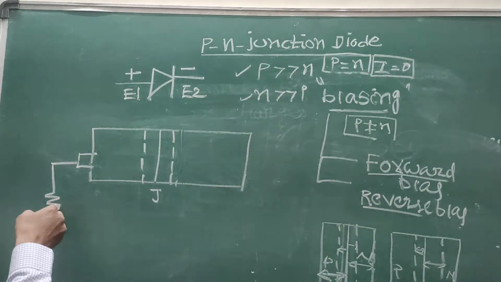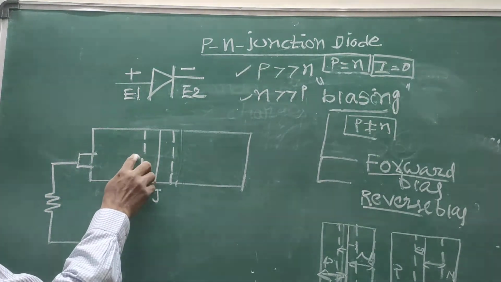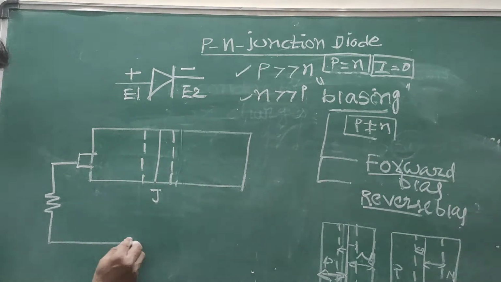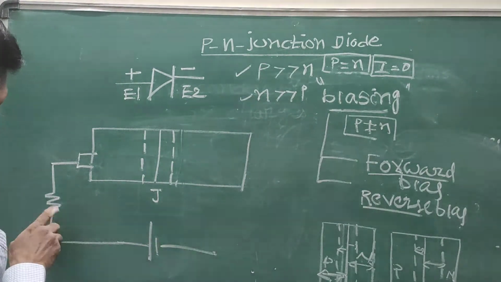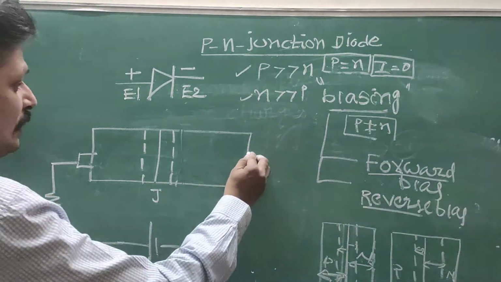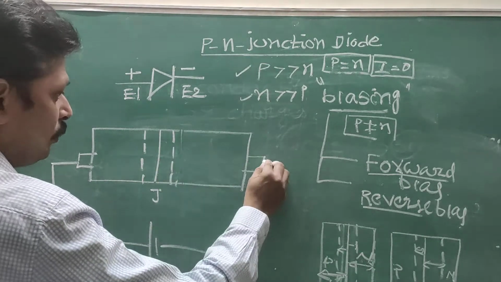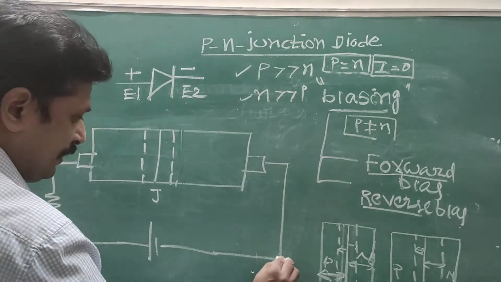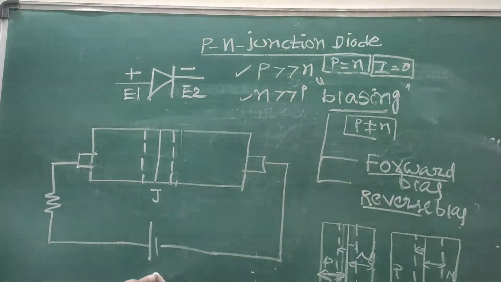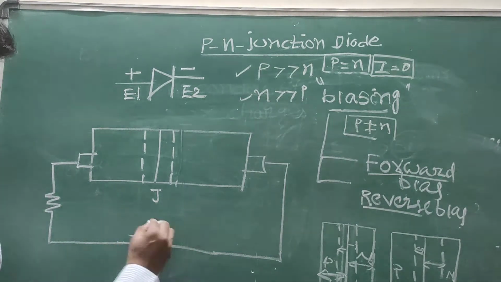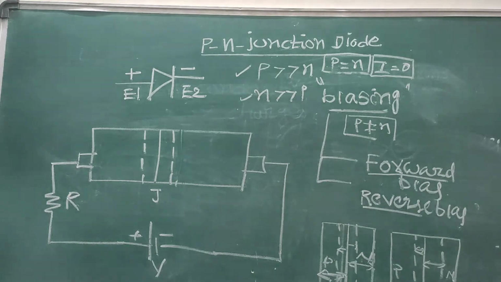Now, for regulating the current, or for the safety of this device against external potential, we use a limiting resistance. Otherwise the component would be broken due to excess current drawn from the external voltage. Whether it is positive or negative, there are limiting resistors.